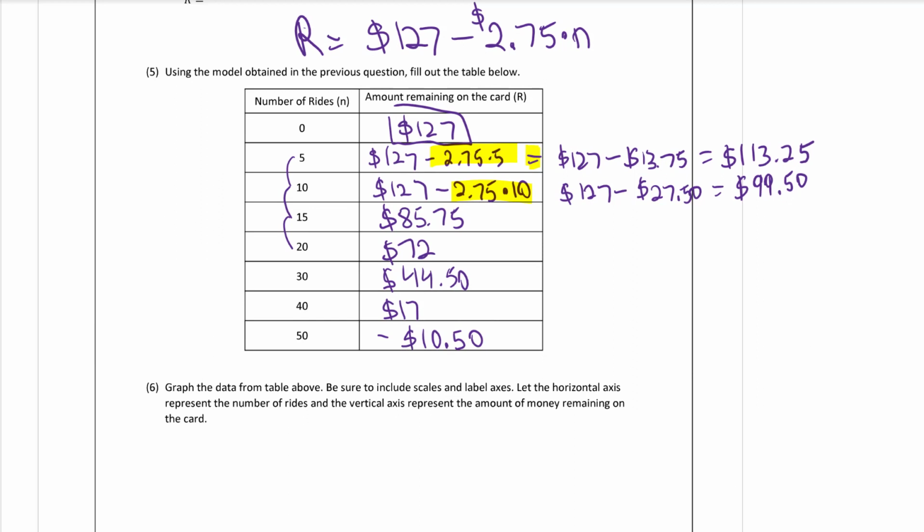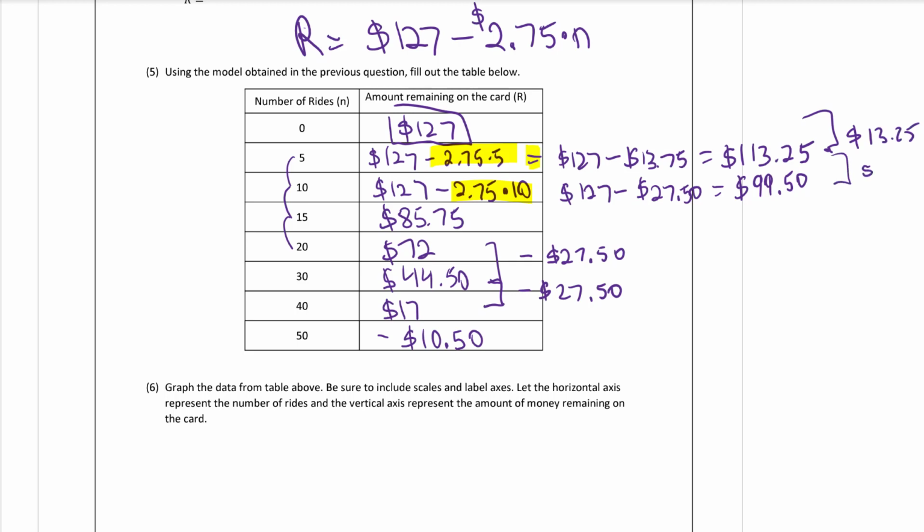Now, one thing that you can notice is that as you go between equal increments, let's say between 72 and 44.50, 72 take away 44.50, the balance went down $27.50. The same thing happened here, $27.50. While here the balance went down by how much? $13.75.